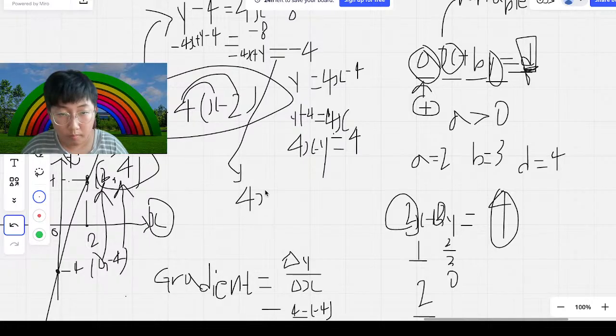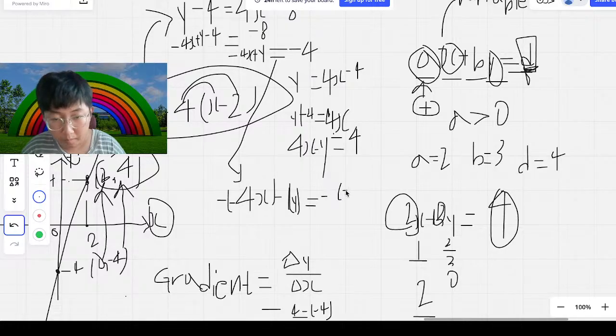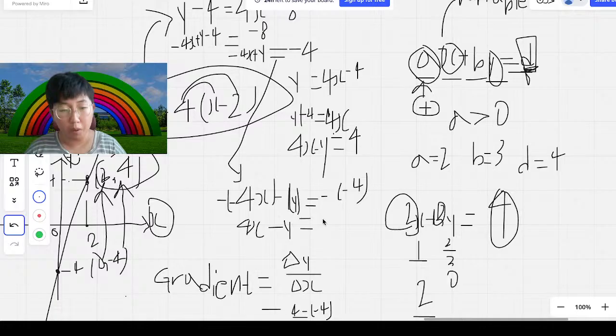Negative times negative 4x is 4x, negative of y is minus y, and negative of negative 4 is positive, so that gives us 4.